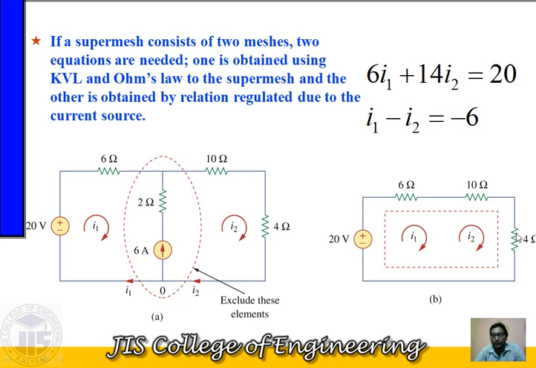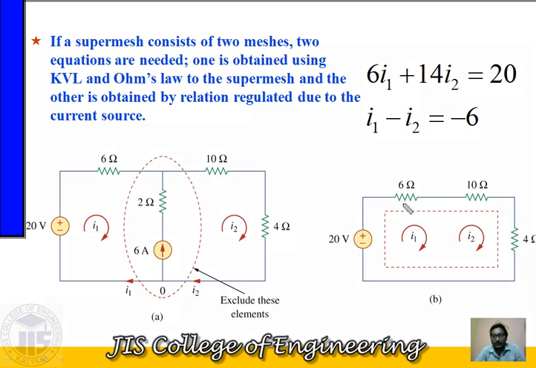For this 4 ohm resistance, the current is also I2, so the voltage across it is 4 into I2. And both the currents I1 and I2 are going together into the negative terminal of the source.